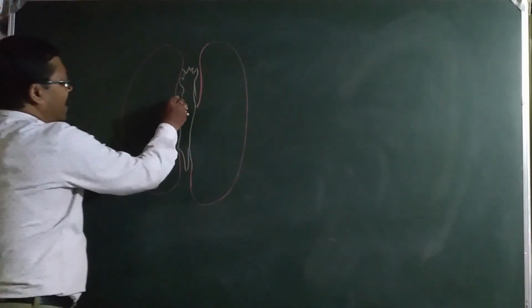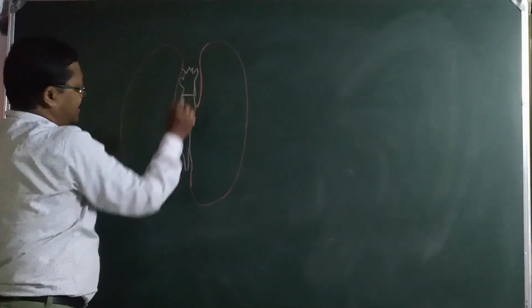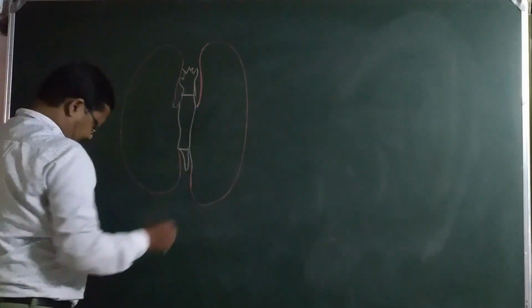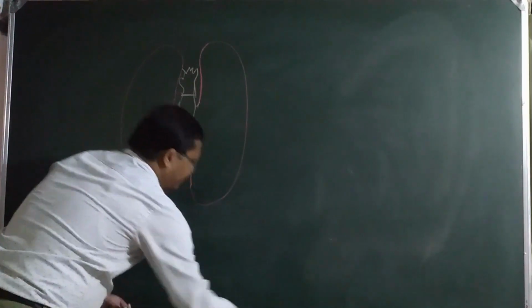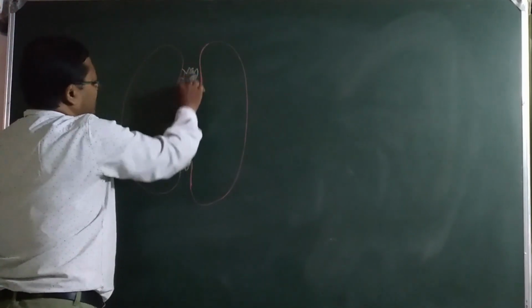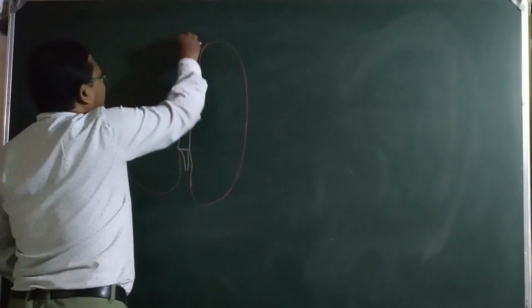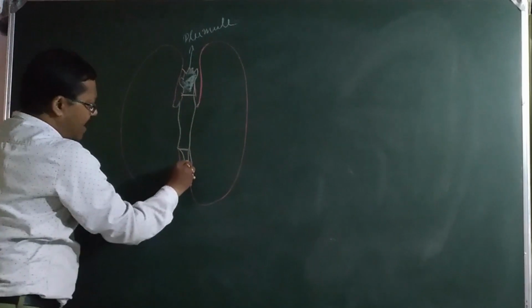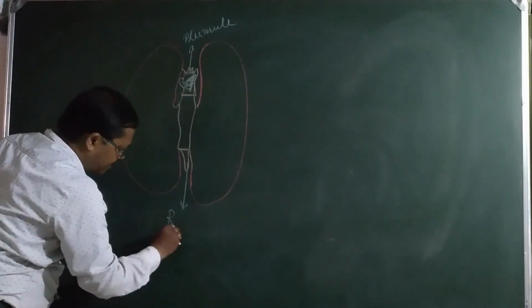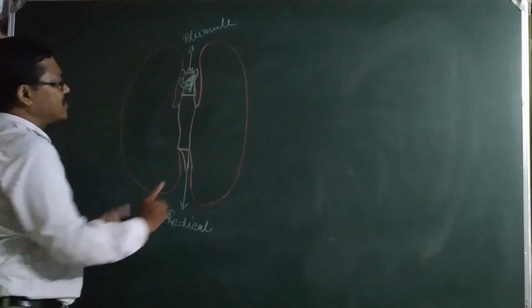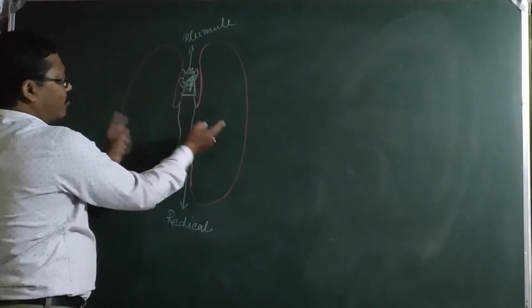The upper part of the axis is called the plumule, and the lower part is called the radicle. The total structure is the embryo.